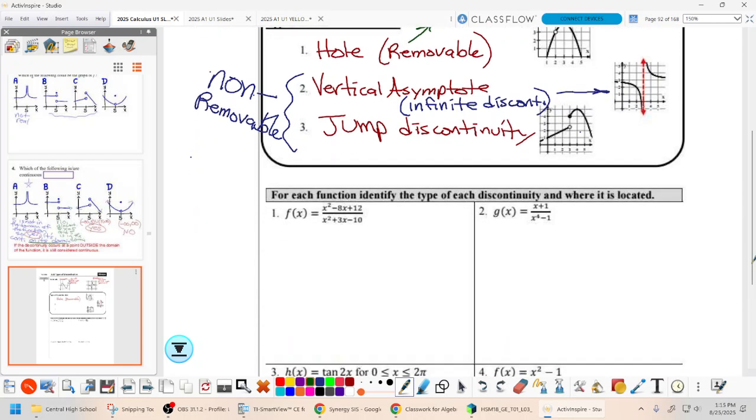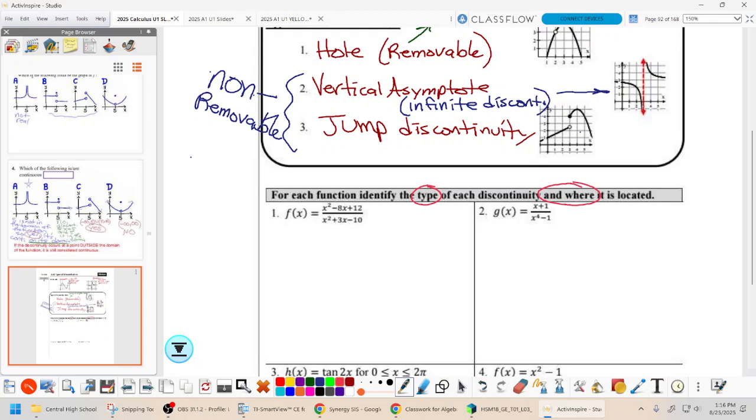Okay, here's some examples of how you'll do this. It says for each function, identify the type of each discontinuity and where it's located. So we've got to do both. So type and where. Well, what do you think? How do we do type? How do you decide if it's a hole, vertical asymptote, or a jump? You guys remember that? You technically have done it. Well, at least the first two you've done.